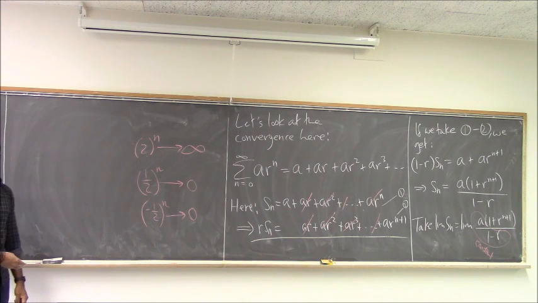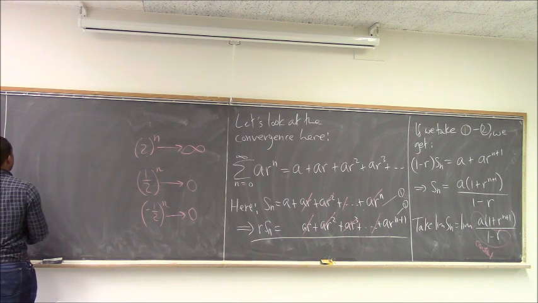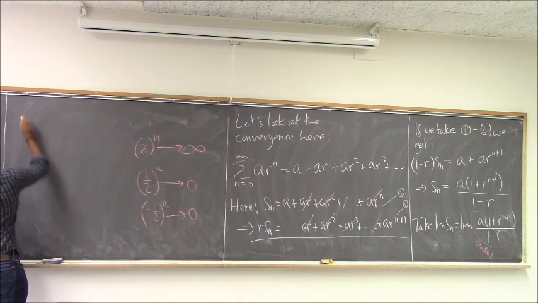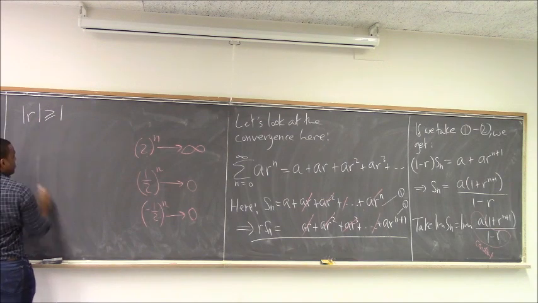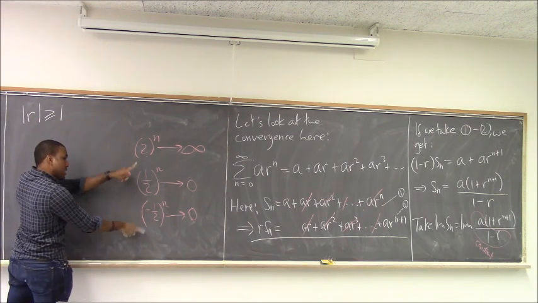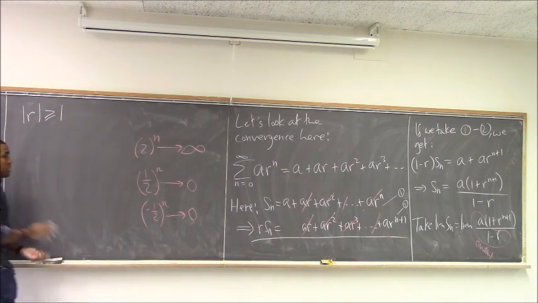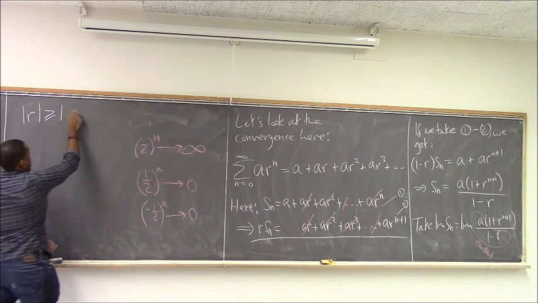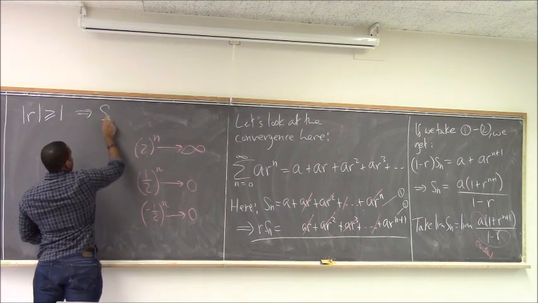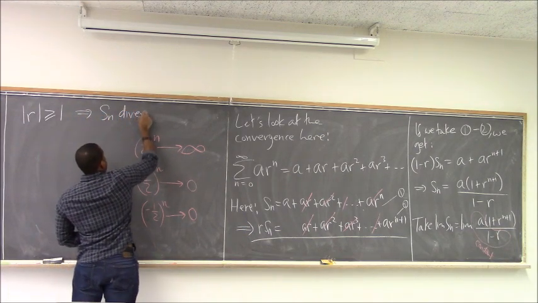If r is greater than or equal to 1 in absolute value, that's what I meant to indicate by this negative sign. Negatives and positives aren't going to matter. It just says if the absolute value of r is greater than or equal to 1, then Sn diverges.